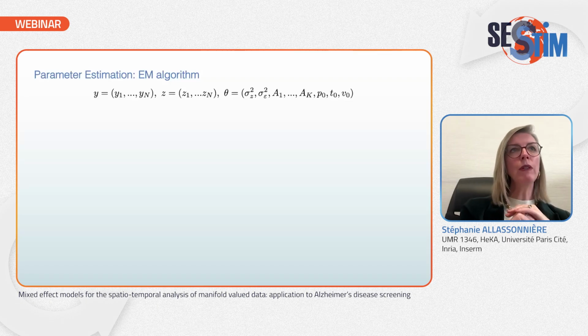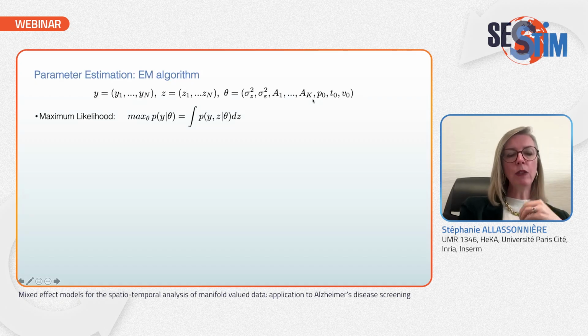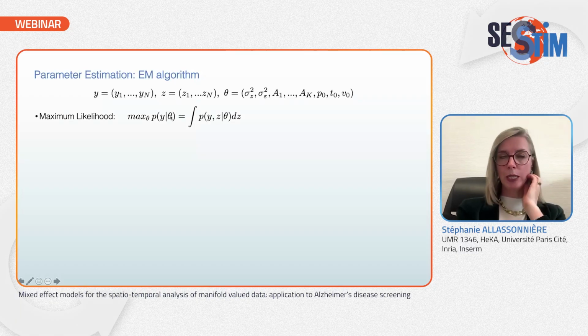So just a quick review on how we do that. So you have these observations, you have these latent variables that you don't know, and the parameters you want to estimate. What you will do is try to maximize the likelihood of the observation given the parameters, and you can work in the Bayesian framework, putting some priors on theta, which is actually relevant since we are working with high dimension but low sample size.